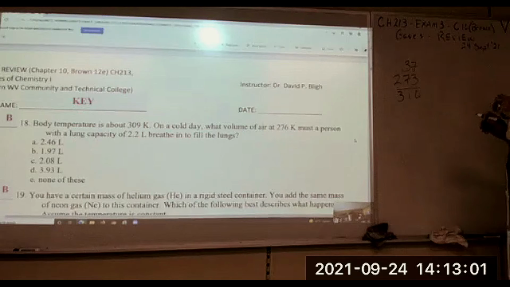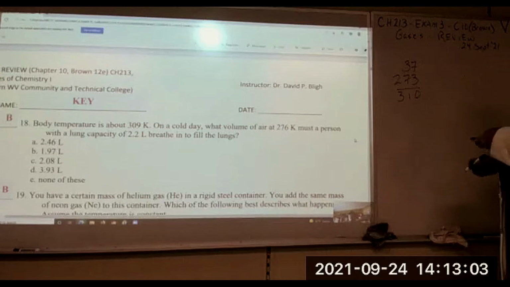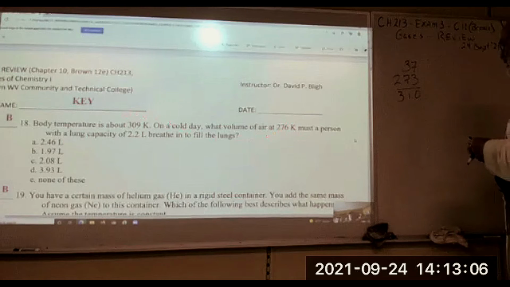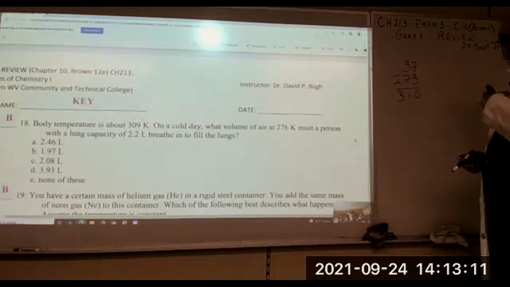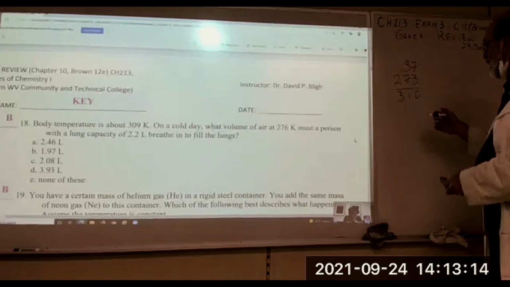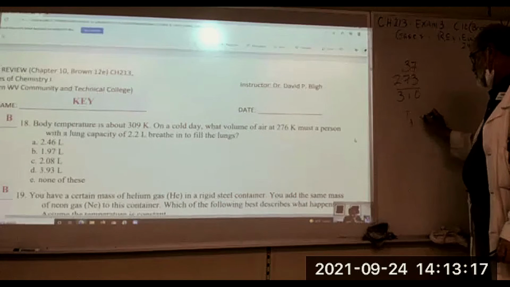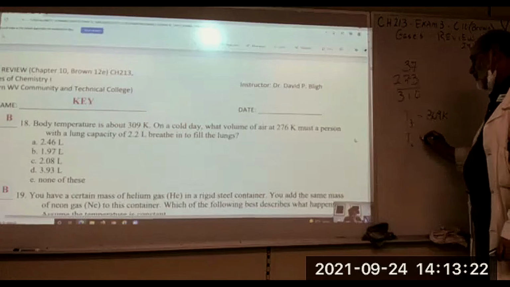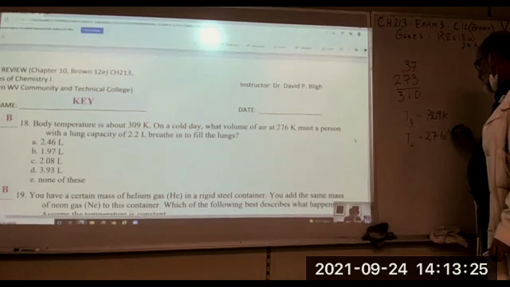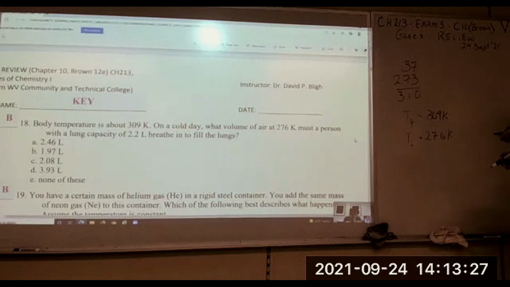All right, so if we're going to start off with this temperature and we end up at that temperature, that's what I'm saying. We're filling the lungs. That's the final. That's where the air is headed. So that's the final temperature, 309. The initial temperature is 276 K. And notice the question is, what volume of air at this temperature must be taken in to fill a lung capacity of 2.2 liters?